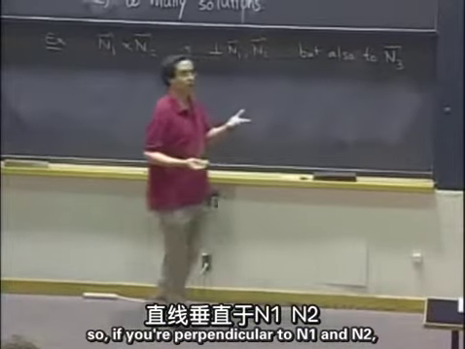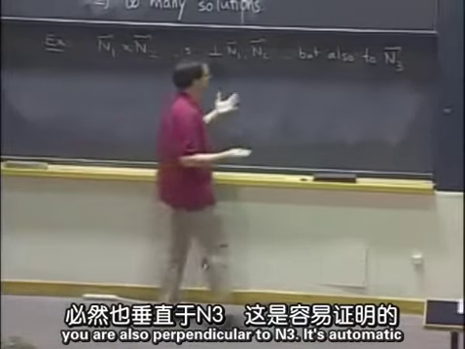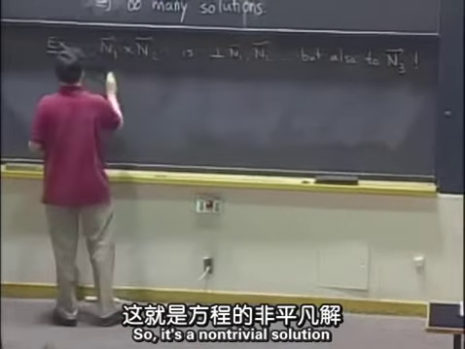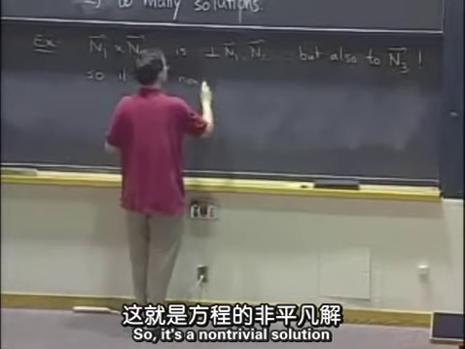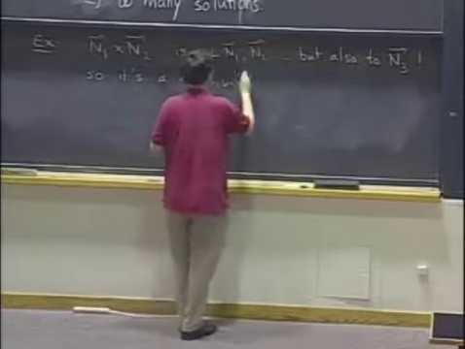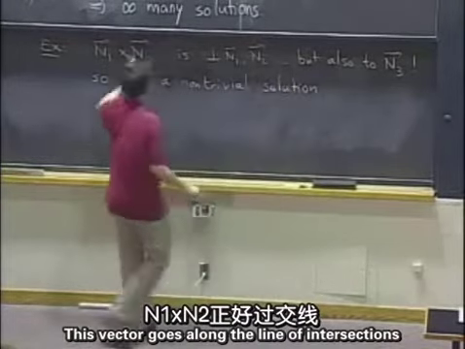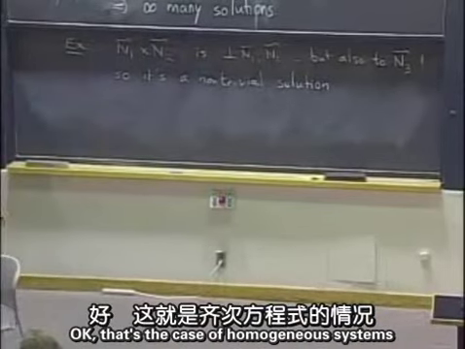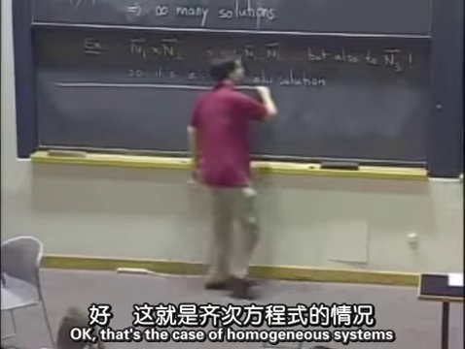So if you're perpendicular to n1 and n2, you're also perpendicular to n3. It's automatic. So it's a non-trivial solution. This vector goes along the line of intersection. Okay? So that's the case of homogeneous systems.